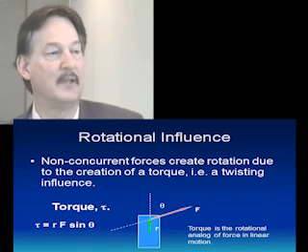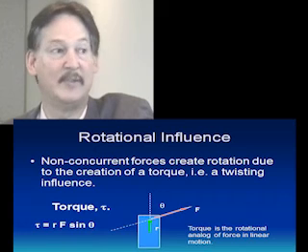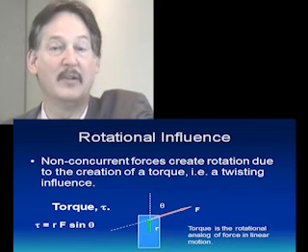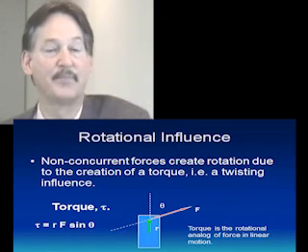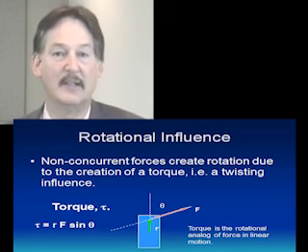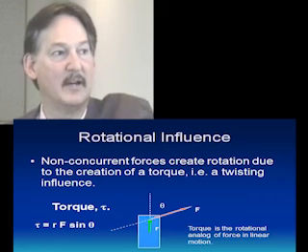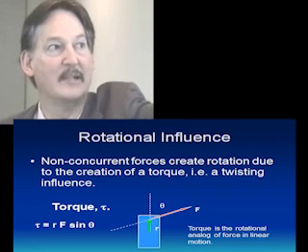The distance from the point of rotation is r, so if we're rotating about the center of mass of this object, then we go from that center of mass to the point where the force, the line of action of the force, intersects. Notice that the force in this case is at an angle to that distance r. If you extend the line r out, you get this dashed line.